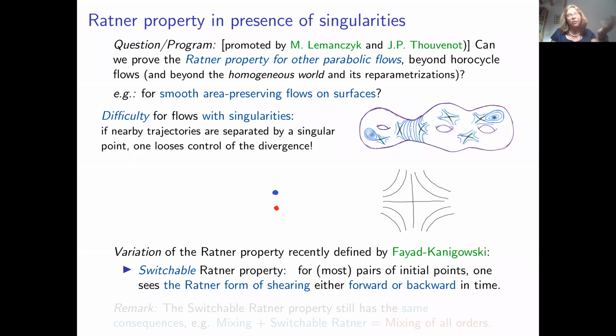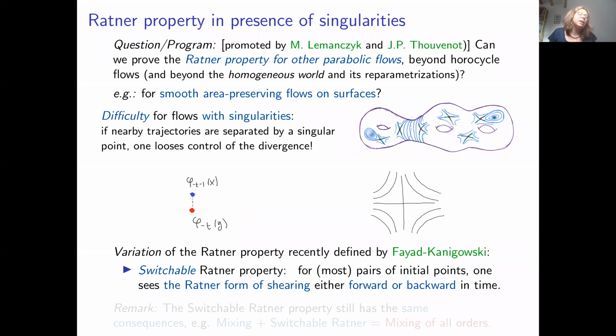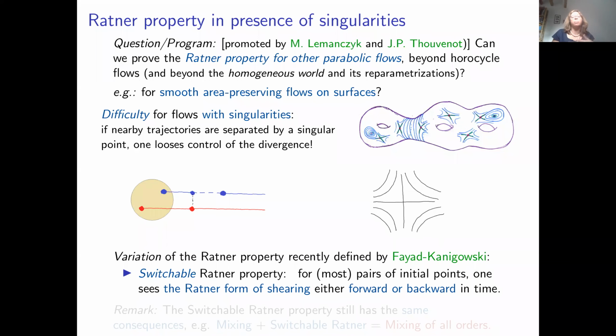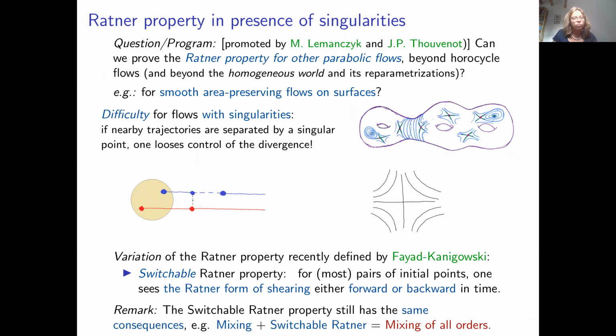So if the future of your trajectories is bad, maybe you can try to flow backward, and maybe you will see the nice slow quantitative shearing a la Ratner. So if you see Ratner shearing either forward or backward in time, then you say that your flow has the switchable Ratner property. And this property is enough for all the good consequences of the original Ratner property.